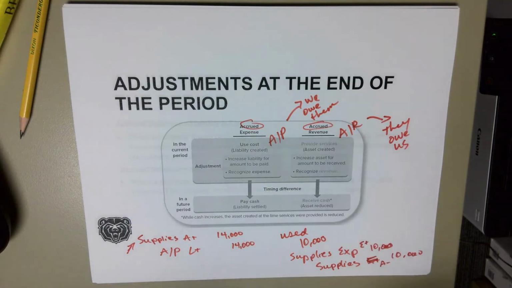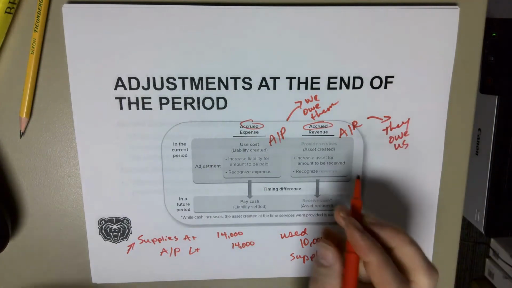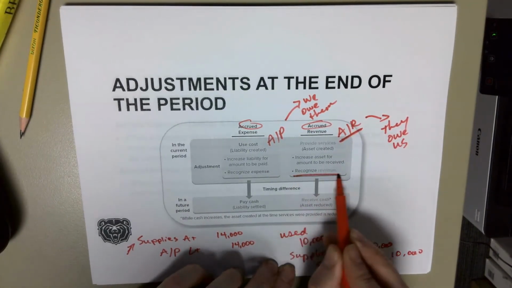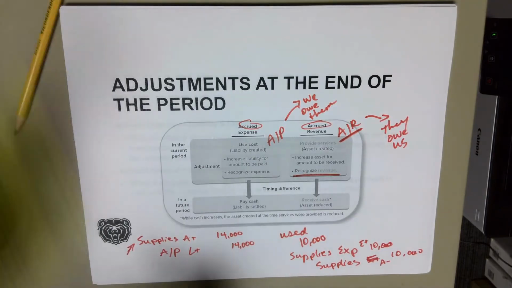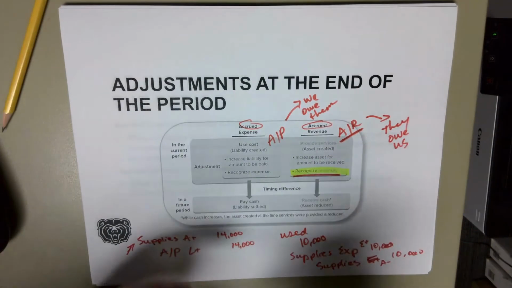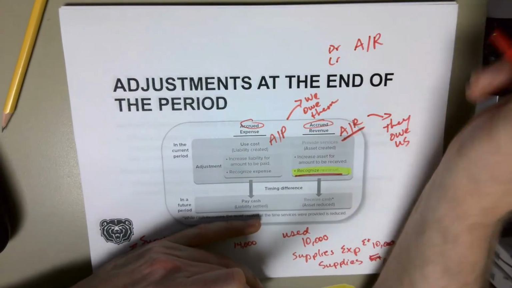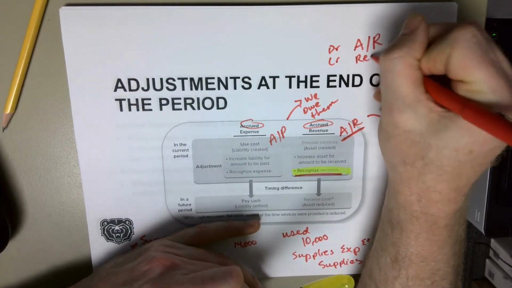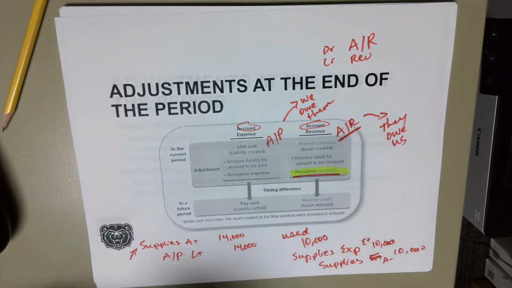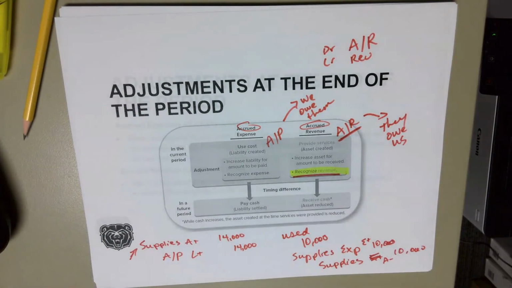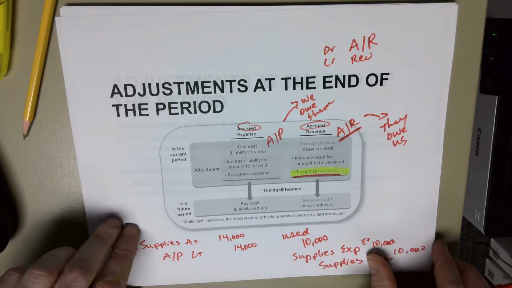So we'll increase cash, reduce accounts receivable. But when we first record that accounts receivable, we're going to record revenue, right? So you're going to have AR as a debit, and as a credit, you will have revenue. That's your original entry, okay? So just remember that when we get accounts receivable, we're going to recognize revenue.